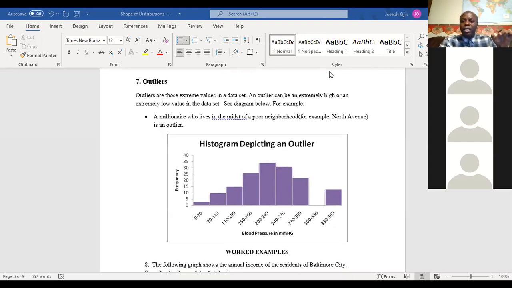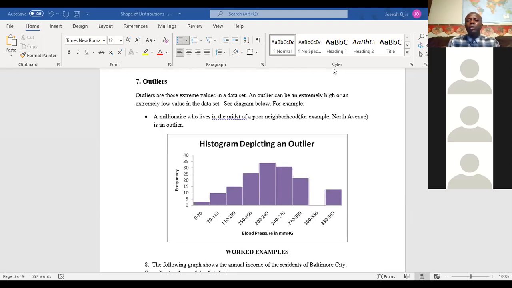Now, if you see somebody who is a millionaire living in North Avenue, that means it's an outlier. It stands out from the group. So it can be low income or high income, depending on the kind of data set you have. An outlier can be somebody who makes extremely low income as well, or extremely high income.